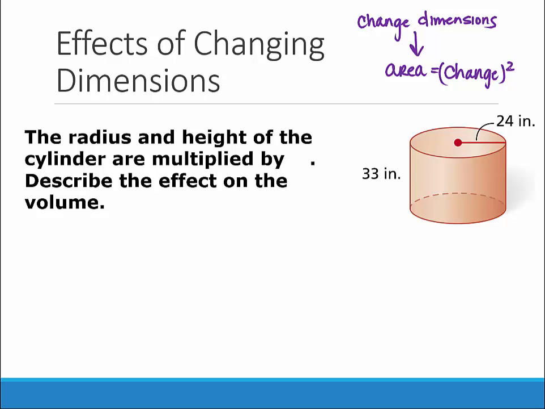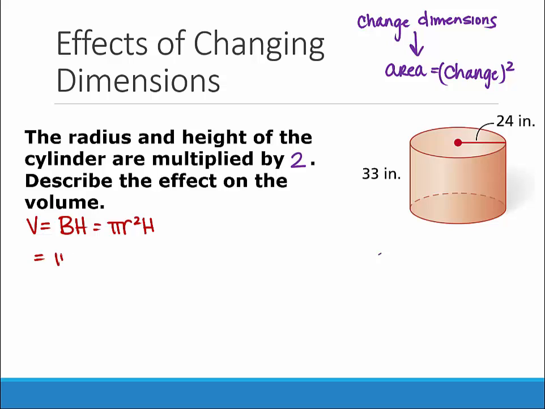So the radius and the height of a cylinder are multiplied by 2, describe the effect on the volume. So let's actually find this and prove it to ourselves. So if we have this original cylinder here, the volume is base times height, pi r squared times height.